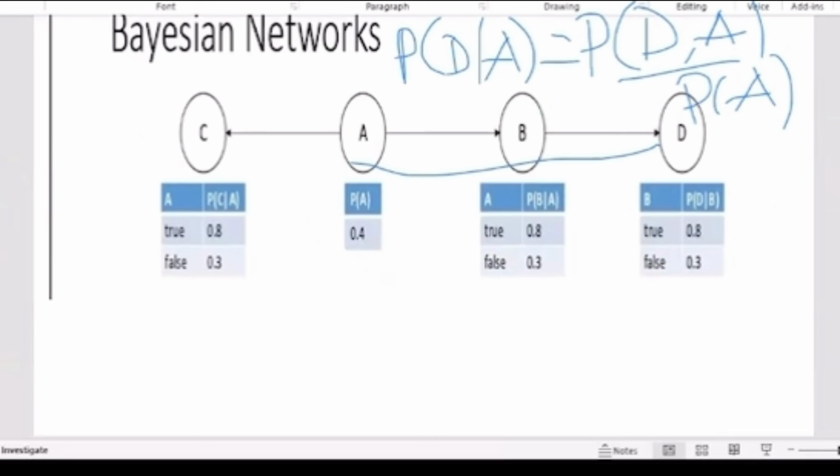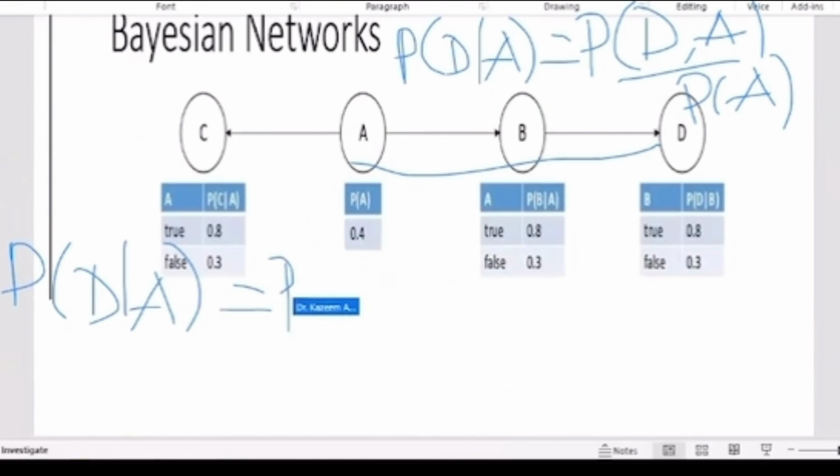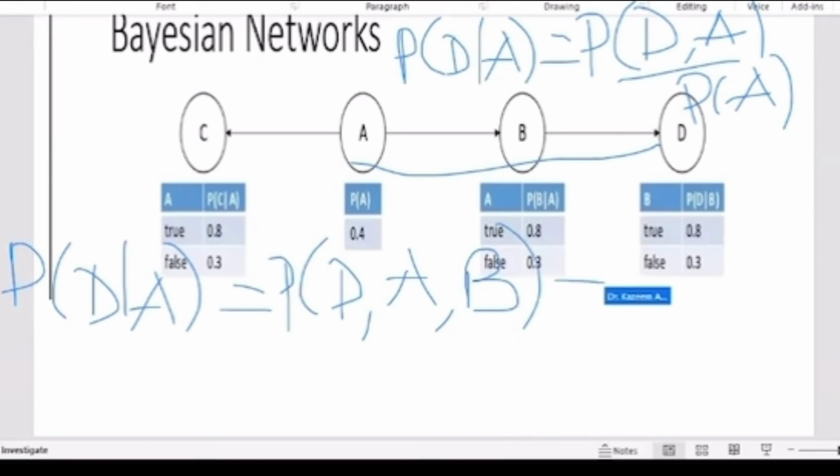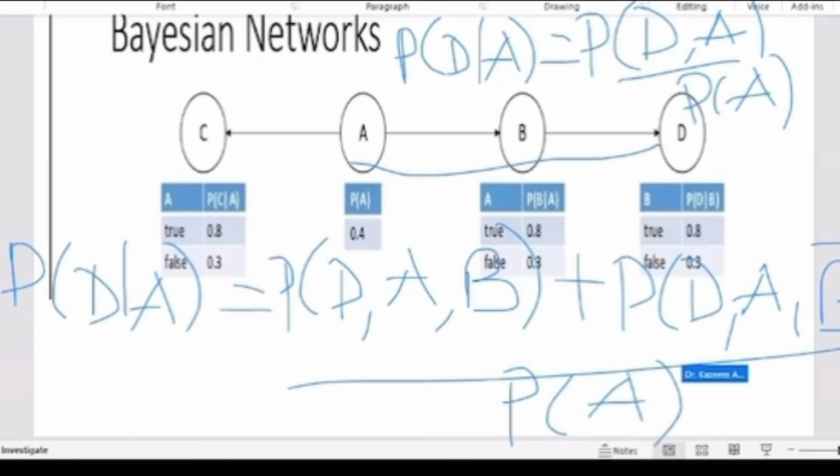So what I'm going to do now is write the probability of D given A as the probability of D, A, B, plus the probability of D, A, B complement, divided by probability of A. Any question?